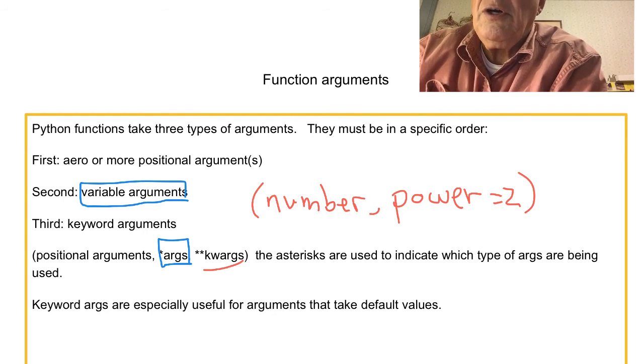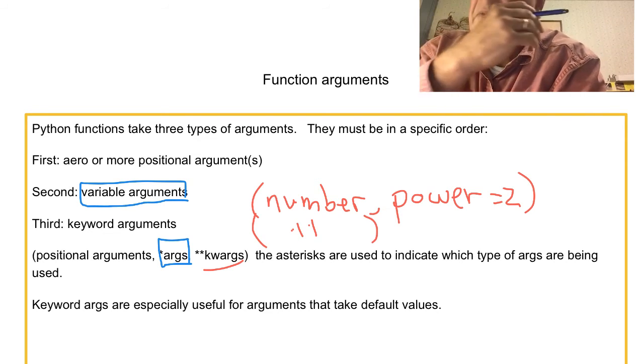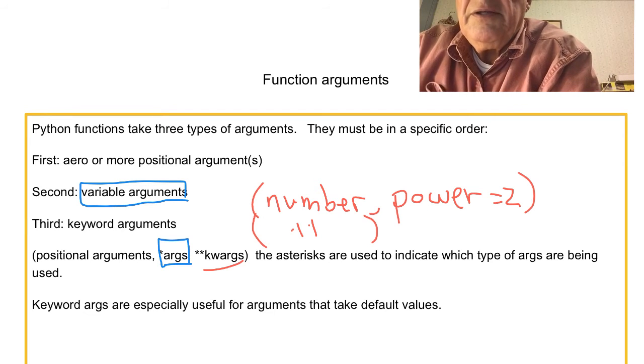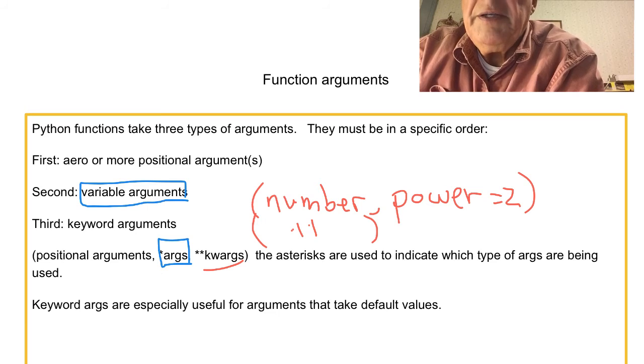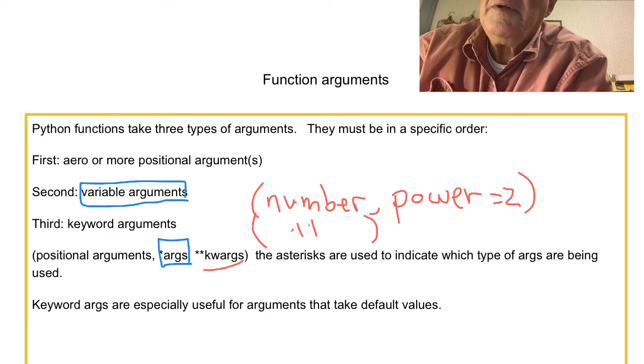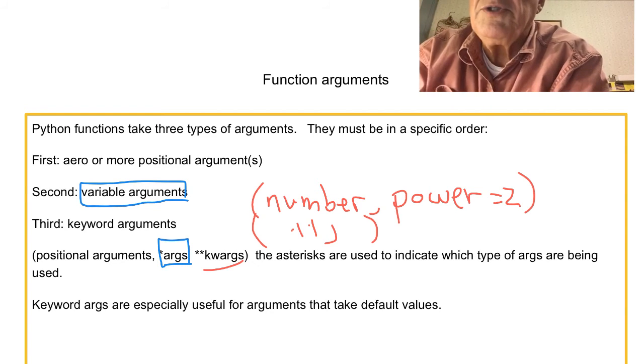So if you just call this function with just number and omit power, Python will substitute and pass the value 2. If you provide it with a second argument, you'd have to say power equals something.